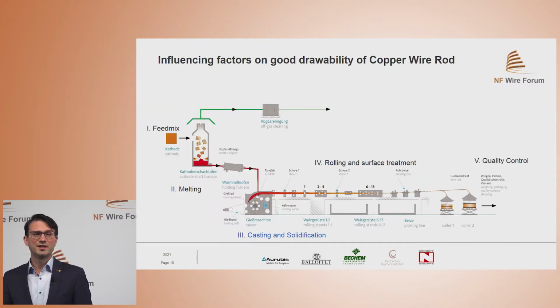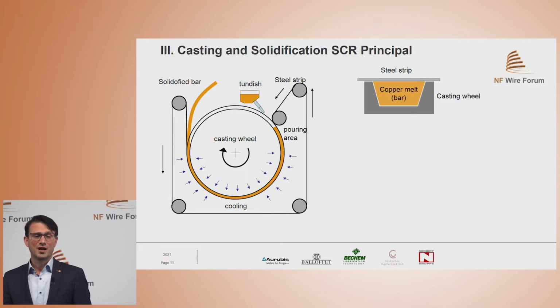Third important factor is the casting and solidification process, perhaps the most important process step for high-quality copper wire rod for thin wires. The casting mold of the Southwire production principle is built of the casting wheel and the steel strip. The liquid copper is poured in this water-cooled mold.